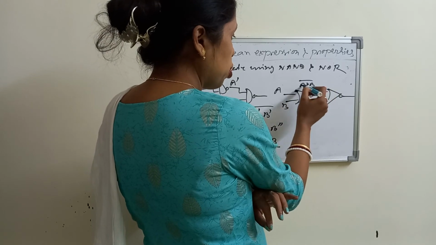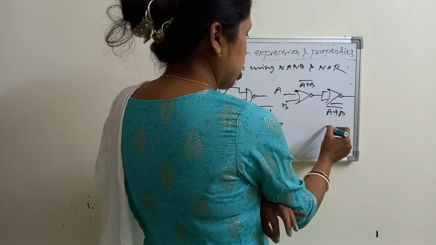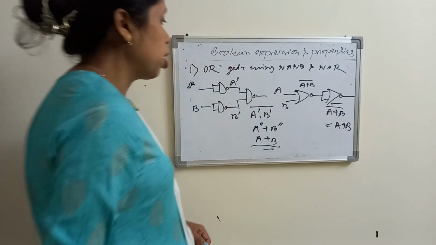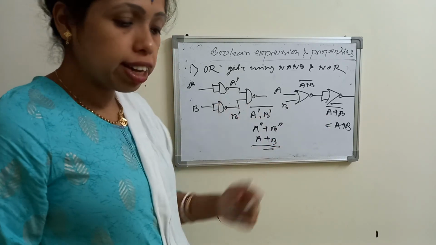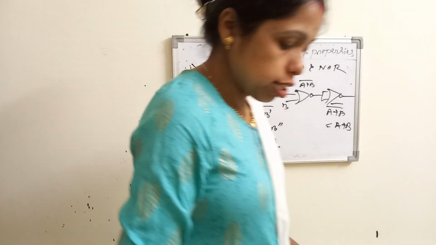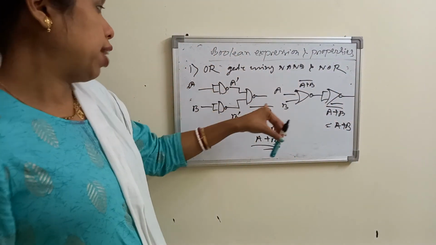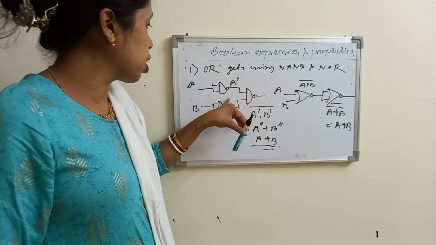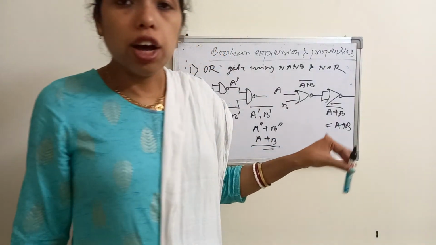So the complement of this thing, again you will get A plus B. So either by using this one you will get logical addition, or by using this one you will get the logical addition. By using De Morgan's theorem you can prove that. So this circuit is equivalent to OR, and this circuit is also equivalent to OR.